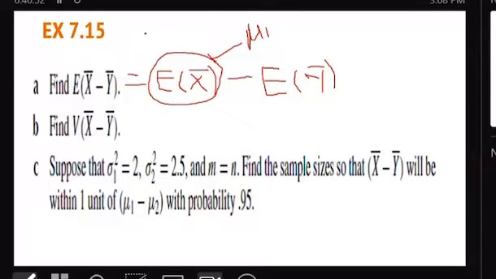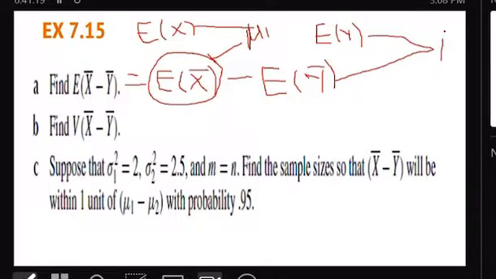Don't forget, they gave you expected value of x in the question to be mu1, so the expected value of x bar is also going to be mu1. The expected value of y, whether yi, y1, y2, or whatever, will be the same as mu2.